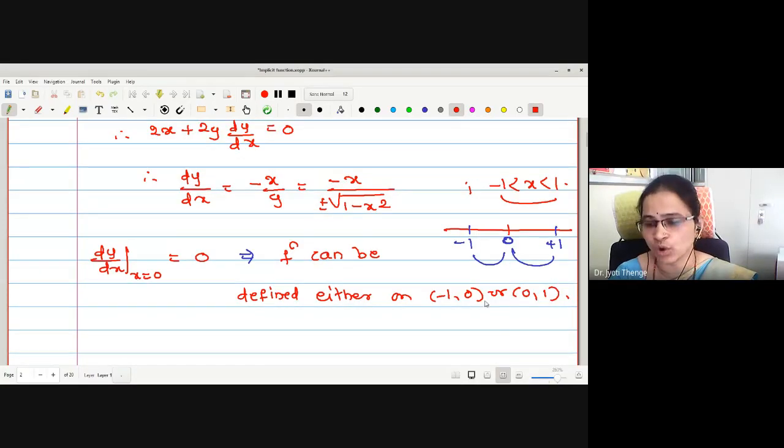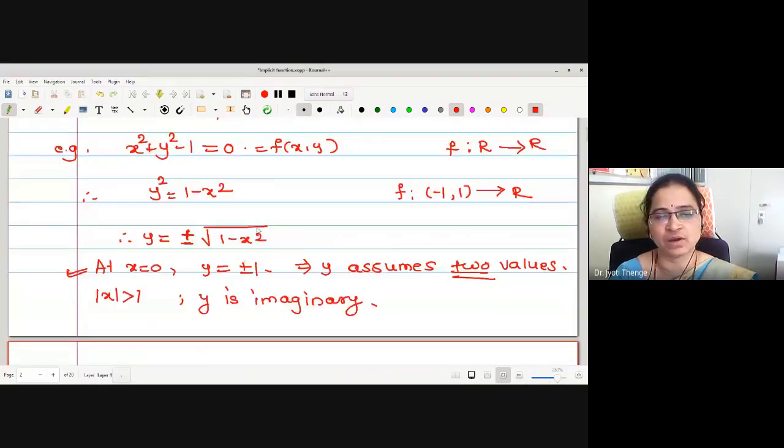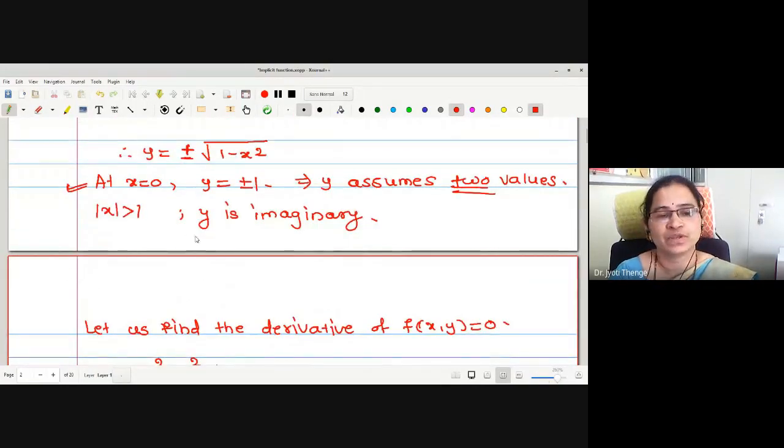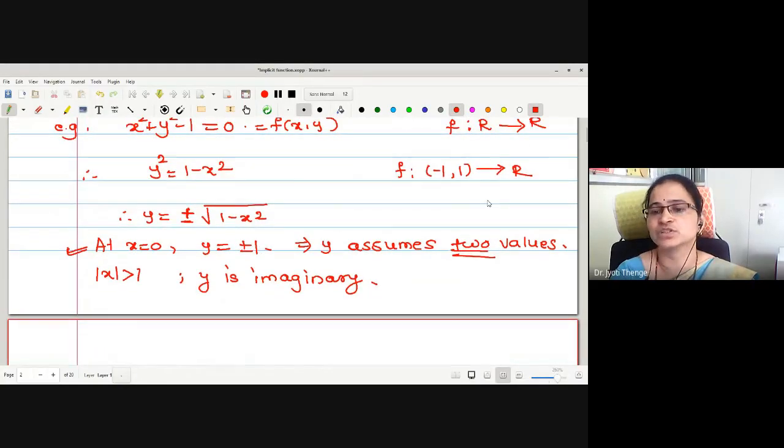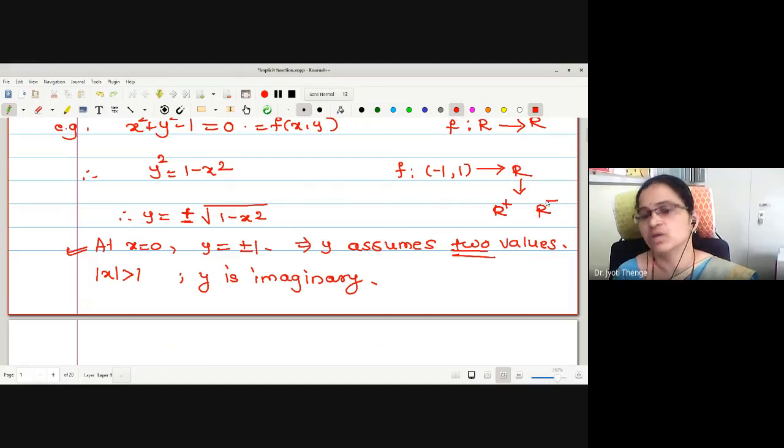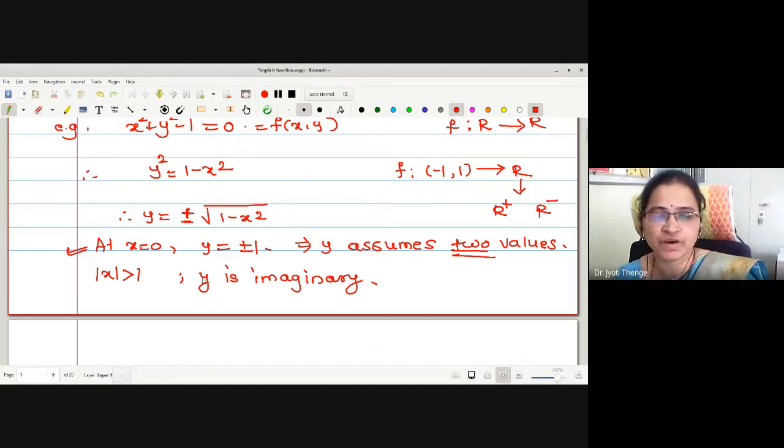But if I take minus 1 to 0 as the values of x here, still we were getting y as two different values. For restricting the function here to be either, what should I restrict the codomain to? I should restrict the codomain to be either R plus or R minus, then this will be a function.